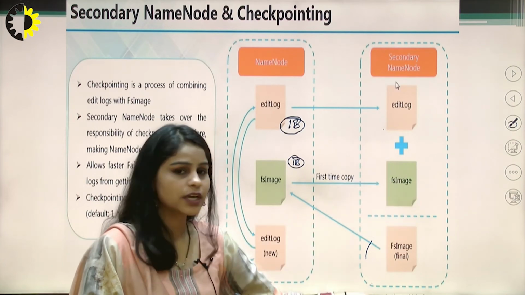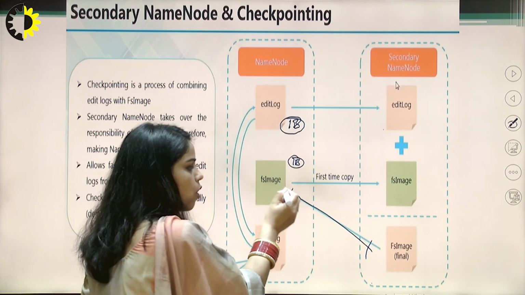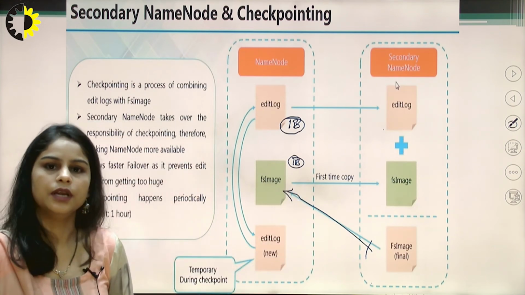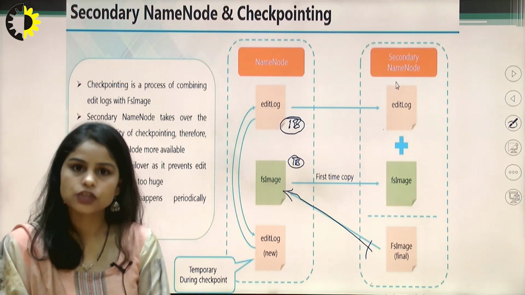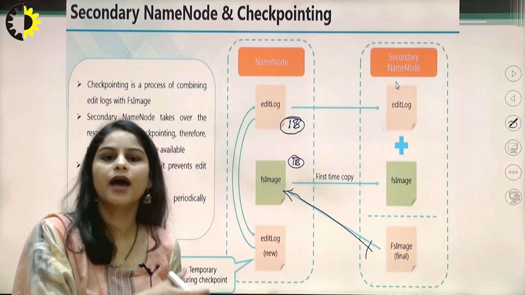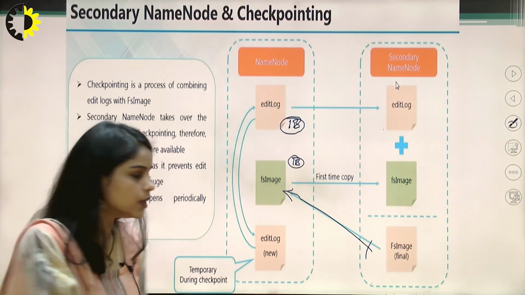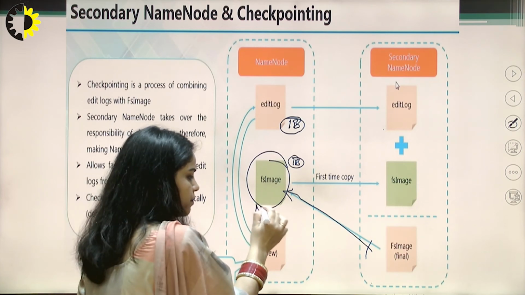It will cross check the changes and then send this new copy to the name node. It means now we will maintain the fresh copy of this new fs image in the name node as well, right? So the old one will be replaced with the new fs image.